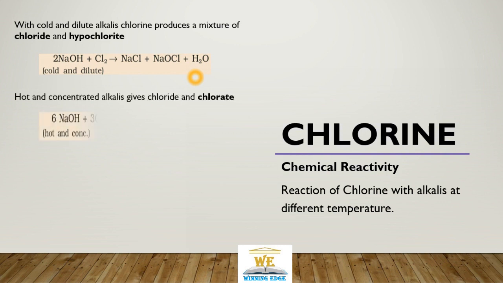In the hot condition, when concentrated sodium hydroxide solution reacts with chlorine, we get NaClO3, which is chlorate. Here we got hypochlorite. So depending upon the condition, temperature too, we can get different products.